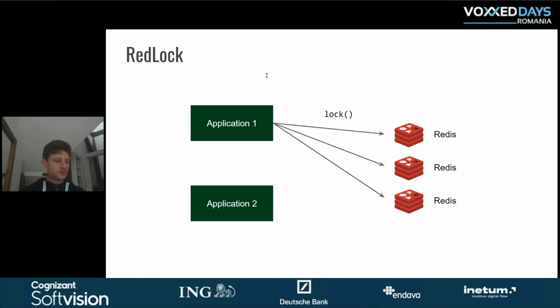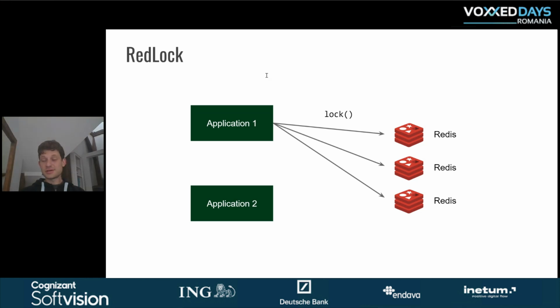Actually, you will see Redlock is used in a lot of places, and in a lot of places for correctness reasons. It's considered somehow a standard for distributed locking in a lot of systems. However, believe it or not, there are two issues with the Redlock algorithm.